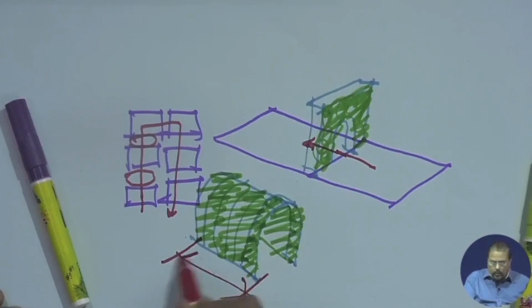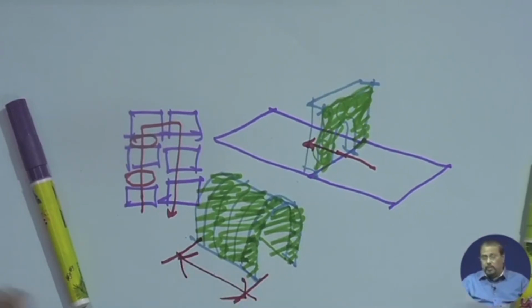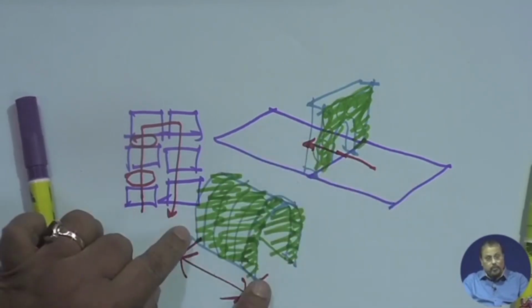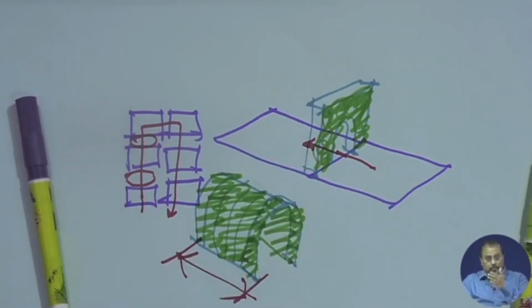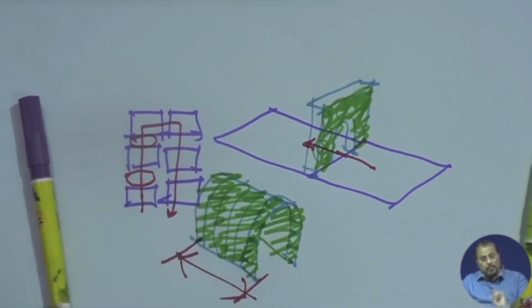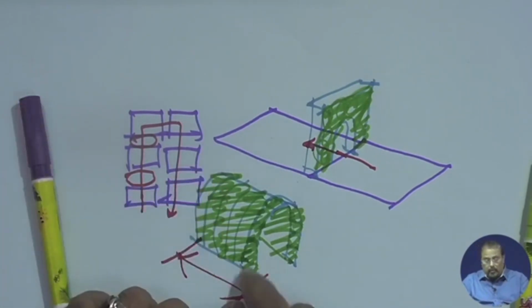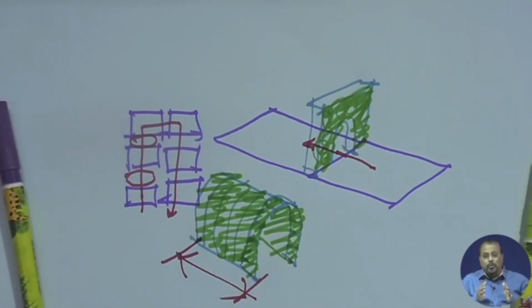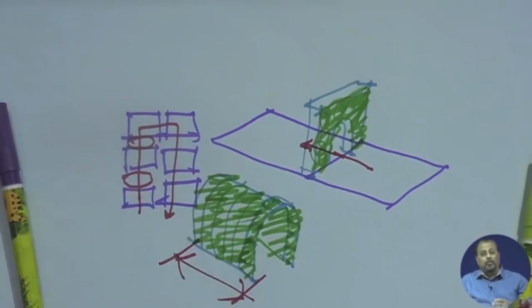So the point is, the transition refers to the zone between one space and the next space, and it may be a single plane or it may be a space like this with a depth. Depending on what height, what width, how many people are passing through, what kind of treatment you have given over here, all these will make a big difference. So this is the kind of experience which I am saying that you should have when you are passing through a particular space.